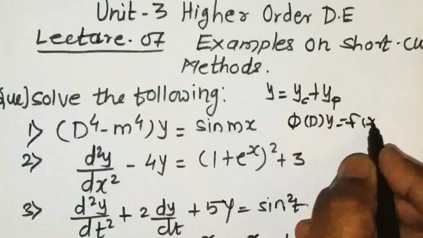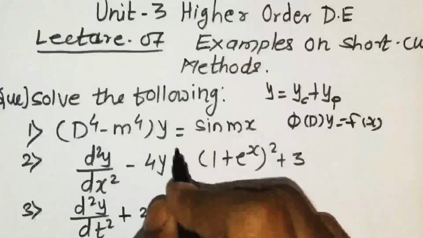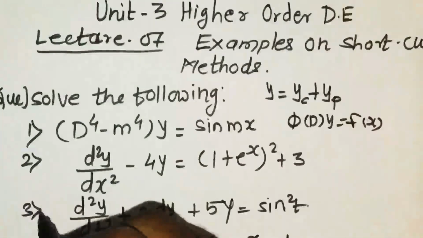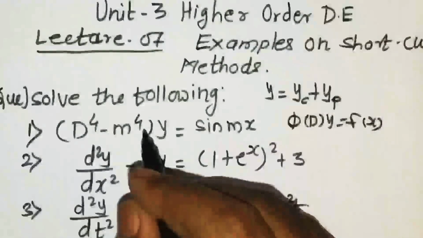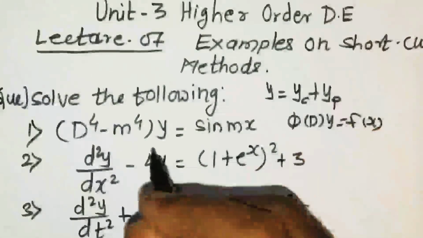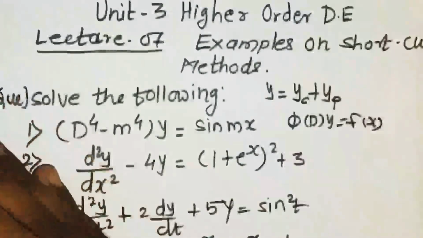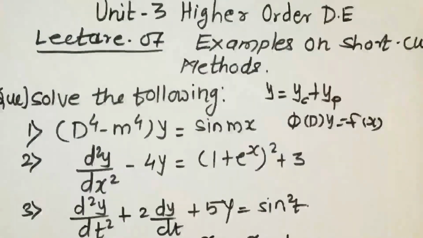How to do the calculation for the given function on the right hand side, we have discussed in previous videos. So all the previous knowledge is required for solving this type of differential equation.